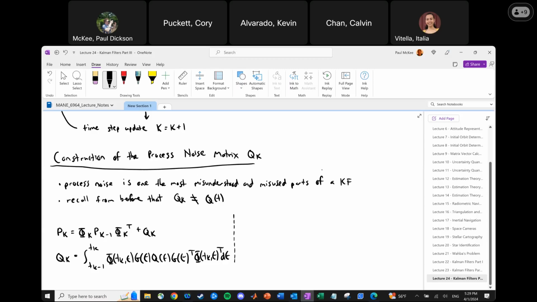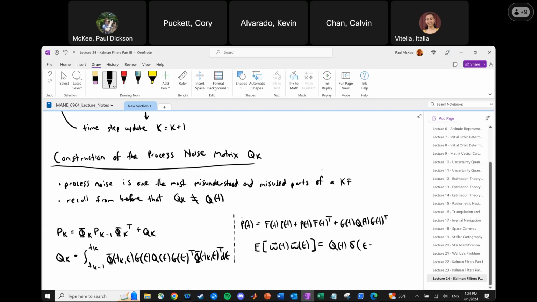Another possible way is to say, okay, well, P dot, we have a differential equation to describe the evolution of P, is F(t) P(t) plus P(t) F(t) transpose plus G(t) Q(t) G(t) transpose, where the expected value of our process noise, omega(t) omega(epsilon), is Q(t) times the Dirac delta of epsilon minus t.